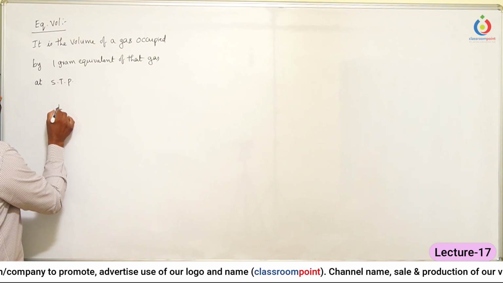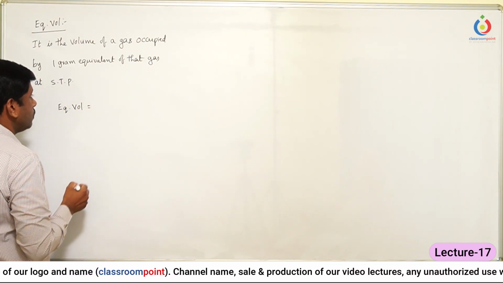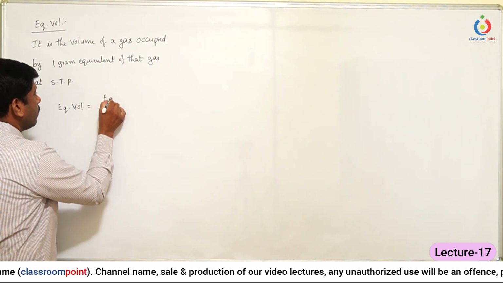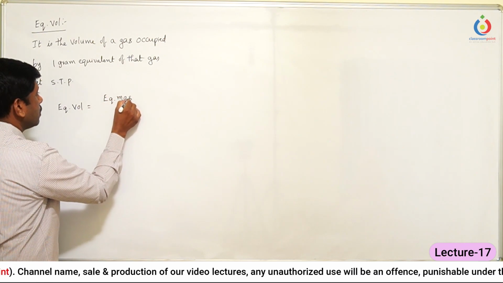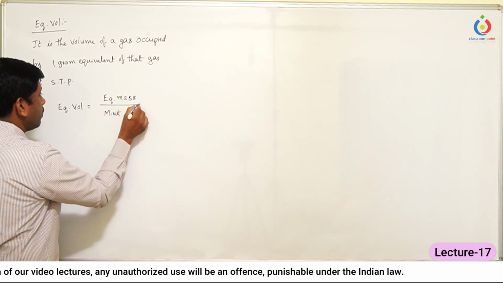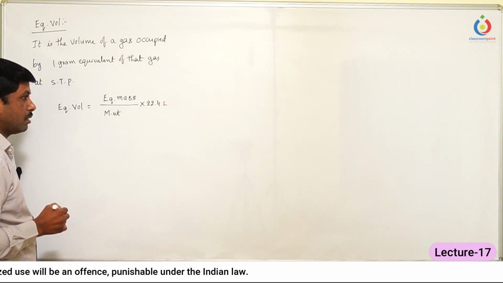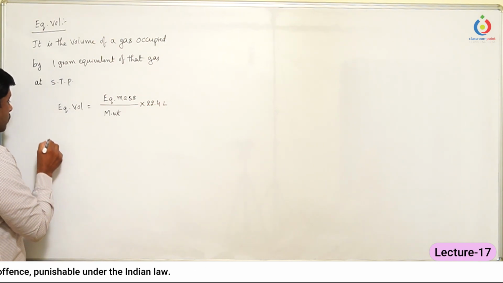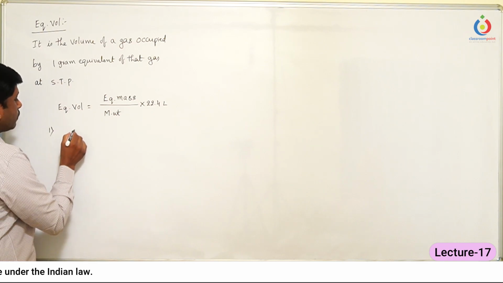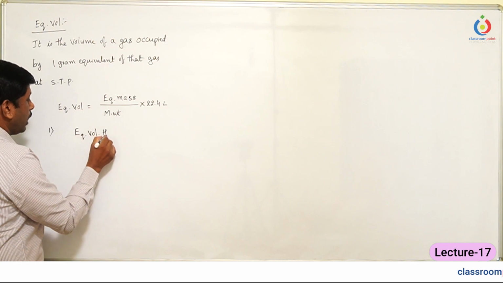So equivalent volume is equal to equivalent mass divided by molecular mass into 22.4 liters. Let us take some examples. The first one is the equivalent volume of hydrogen gas.